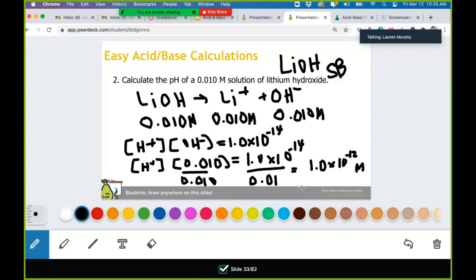Well, now that I have H plus, I can find pH, right? pH is the opposite of the log of H. So you end up with a pH of 12, I'm pretty sure.